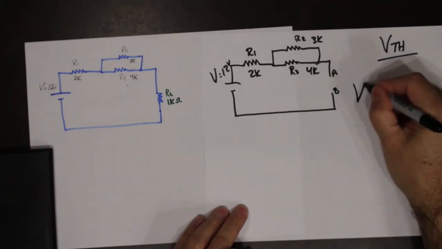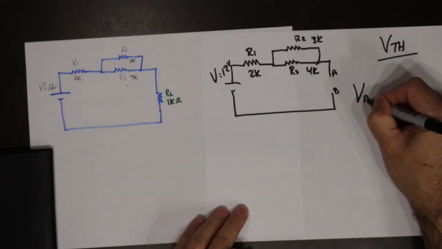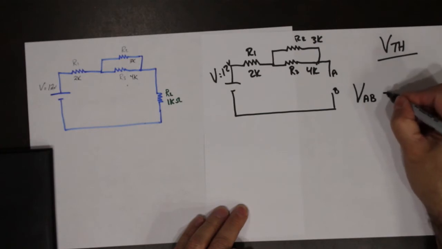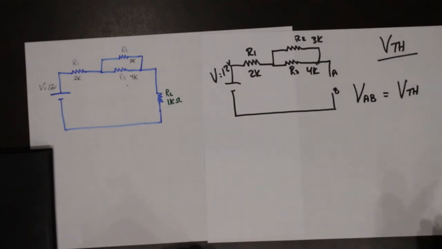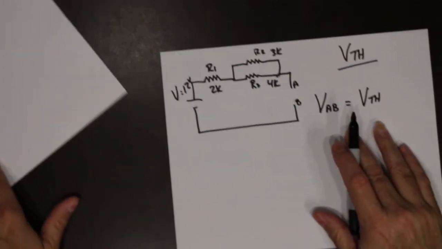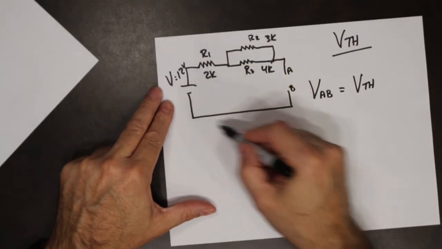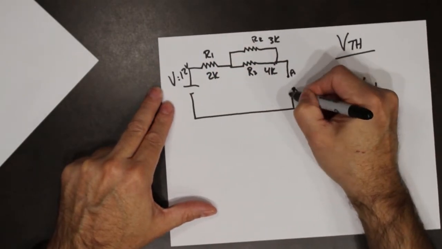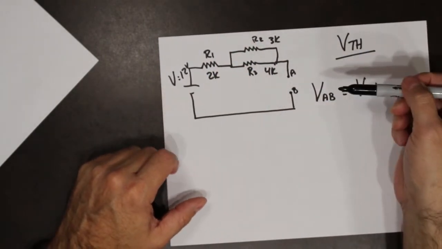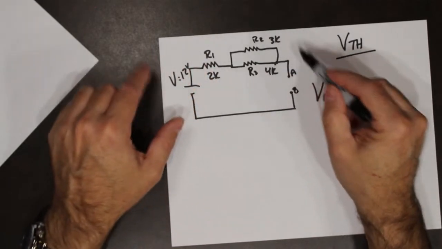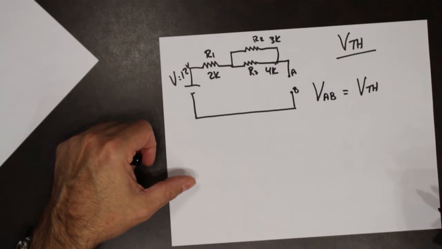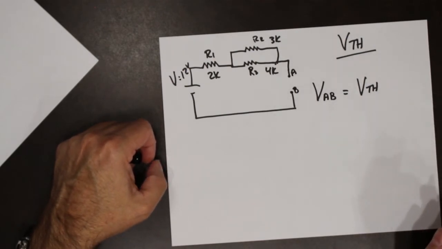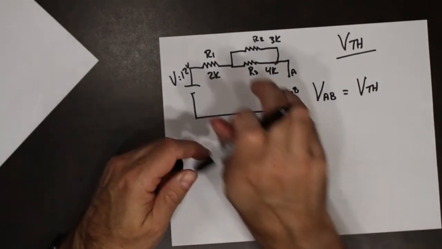Now if we find the voltage from A to B, that is our Thevenin's voltage. So in this circuit right now, if we look at the voltage from A to B, so if I built this little circuit and I looked at the voltage from A to B, that would be Thevenin's voltage.